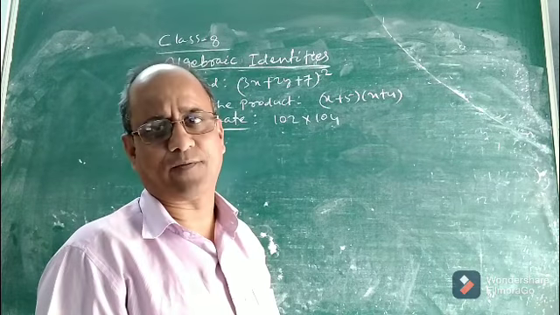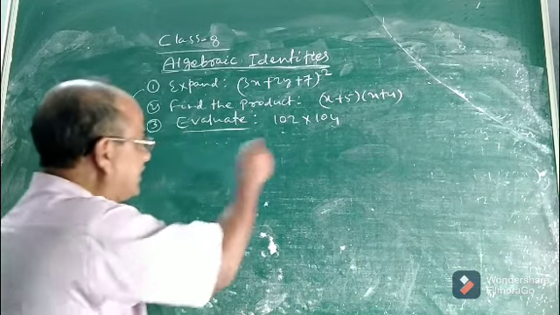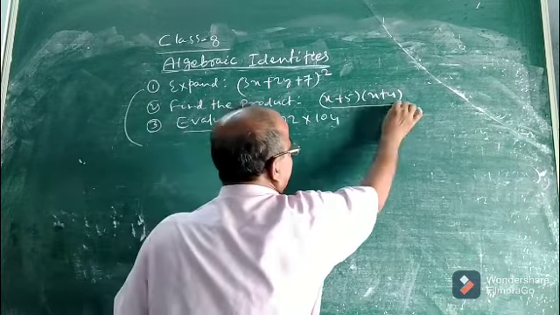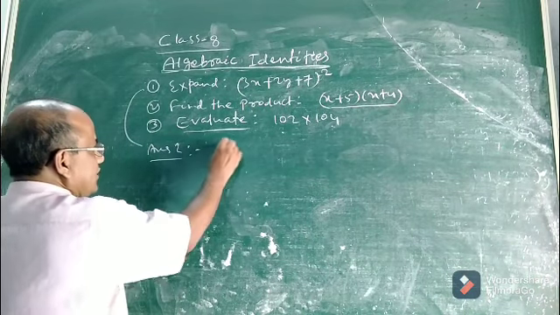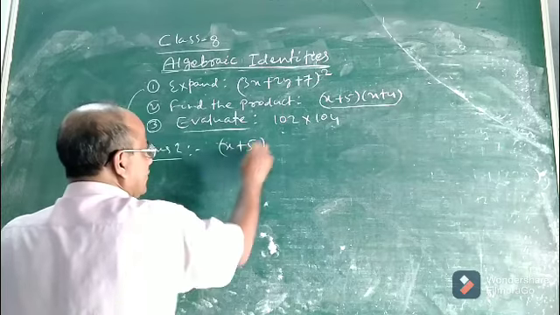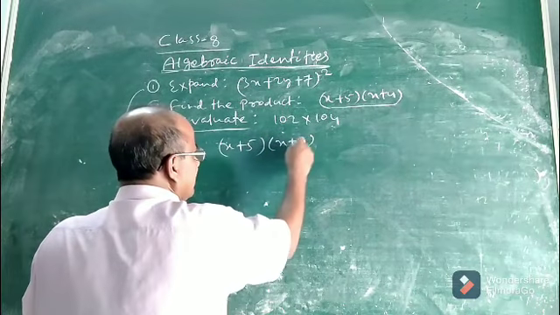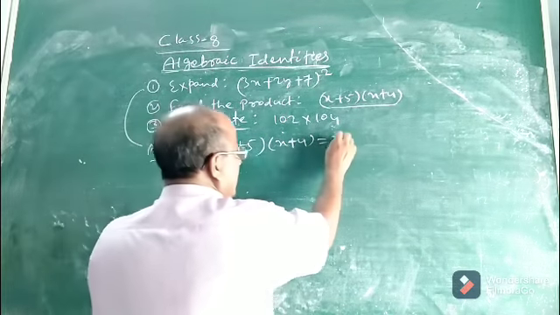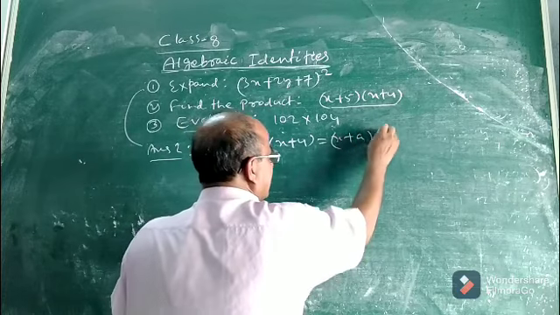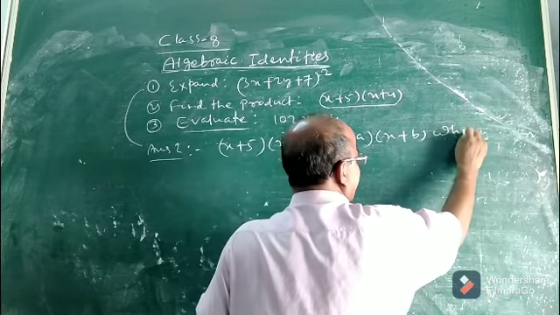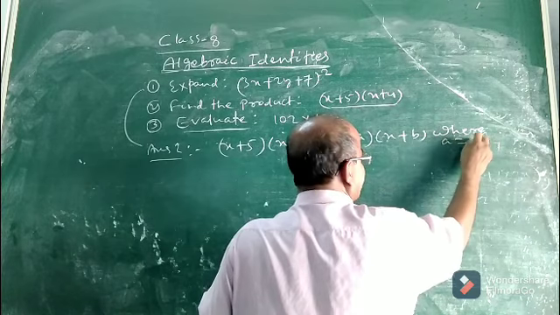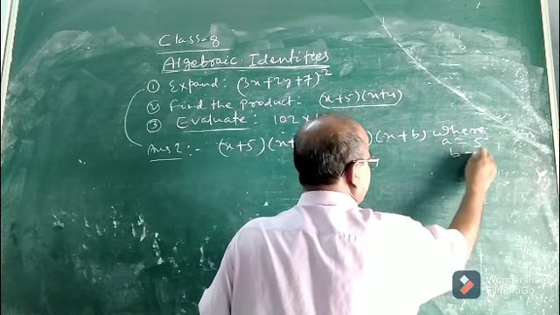You are given x plus 5 into x plus 4, which is in the form of x plus a into x plus b, where a is 5 and b is 4.